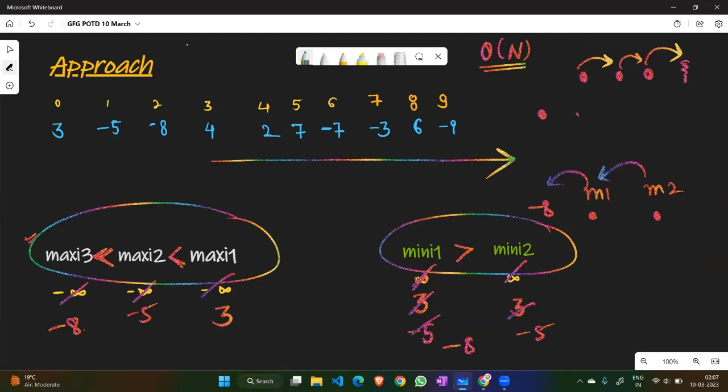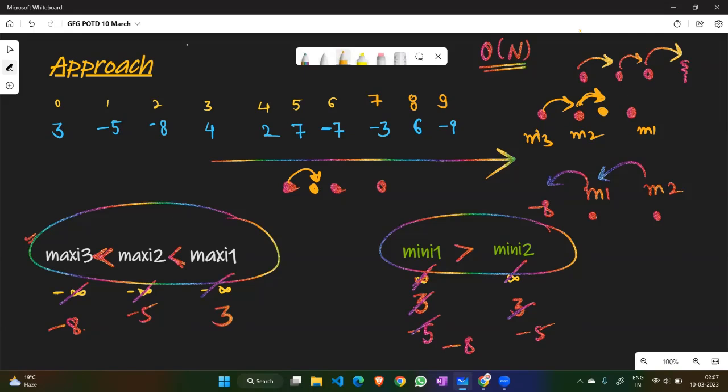Now in the second case, the number is greater than M1, M2, M3 respectively: if it is greater than M2, M2 will take this value and M3 will take this value. Similarly, the third condition can arise in max, that the number is greater than only M3. So M3 will just take this value and go ahead.